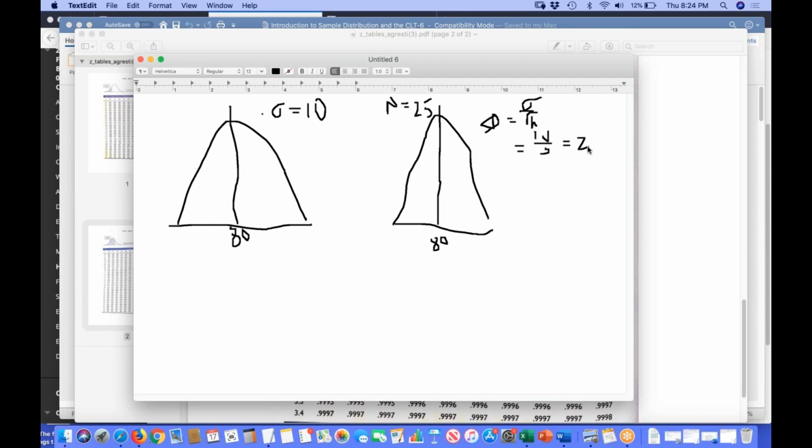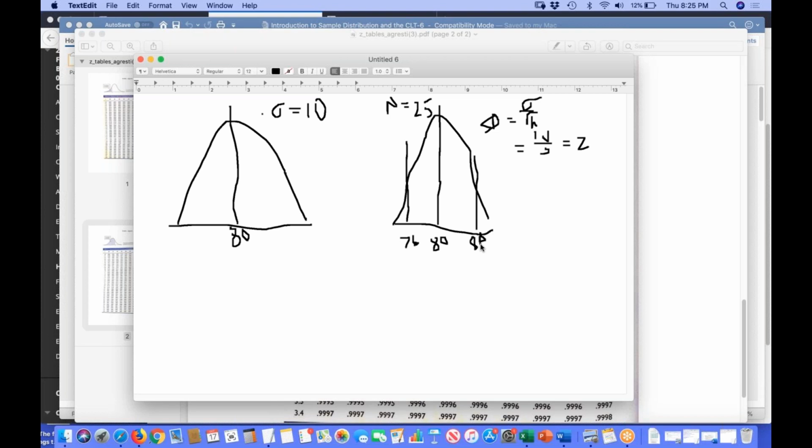Okay, so what does that mean for me now? Well, let's think about this. That suggests to me that if I took sample after sample after sample of size 25, 95% of the samples from this population would be between 76 and 84.